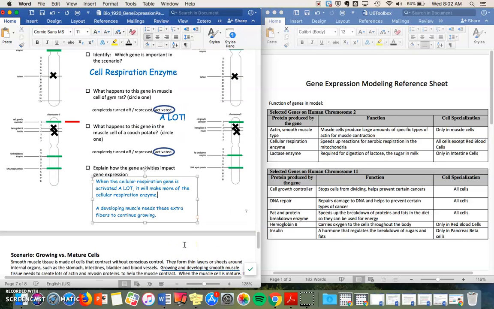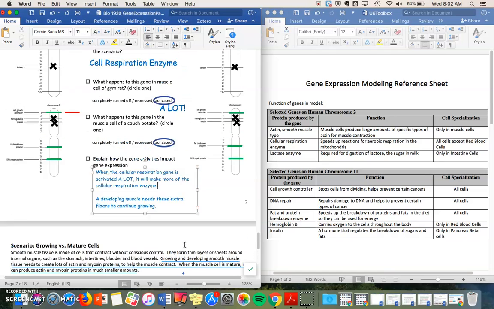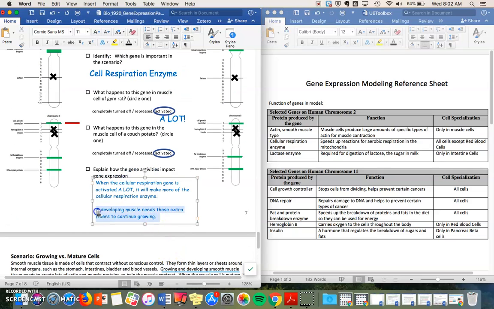All right. And then, with more of this protein, the cells can do more cell respiration to repair or to recover after exercise. All right, something like that.